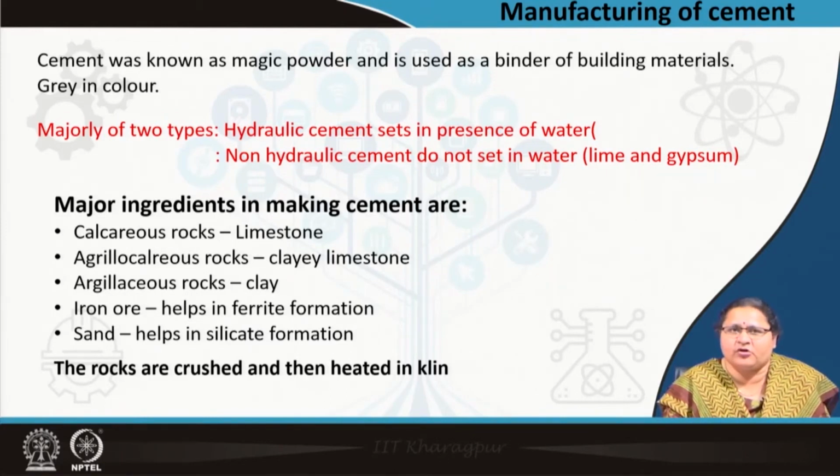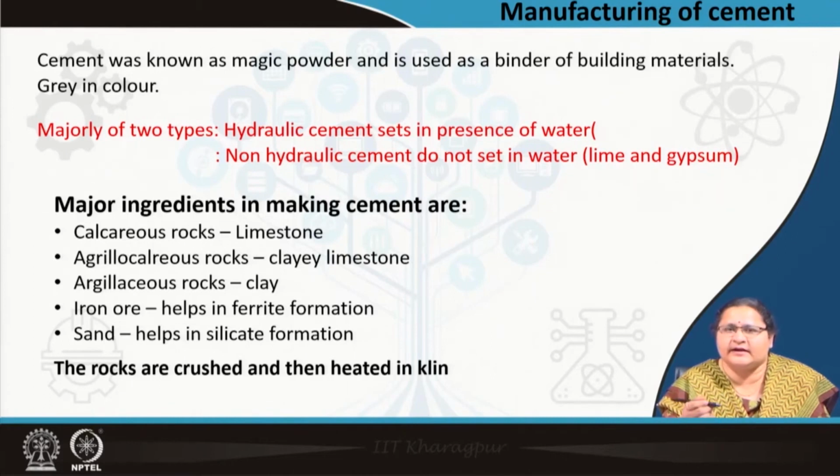The calcareous rocks having limestone, that is rich in calcium, argillo-calcareous rocks, which is again clay and limestone, argillaceous rocks, which is having alumina, that is clay, iron ore, which helps in formation of the ferrites, and sand, which helps in formation of the silicates of the calcium, etc., which is present in the rocks. So, now again you see it is the same material from which we are making the usable material, which is the binder in the entire item of concrete.